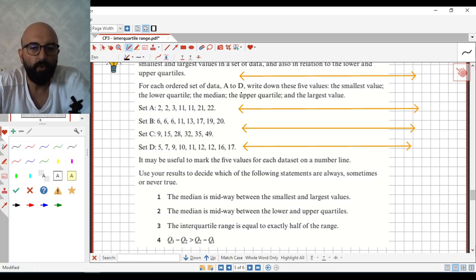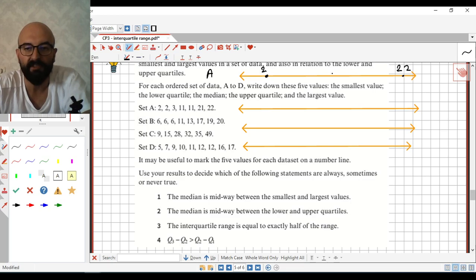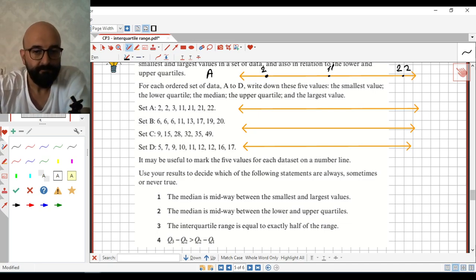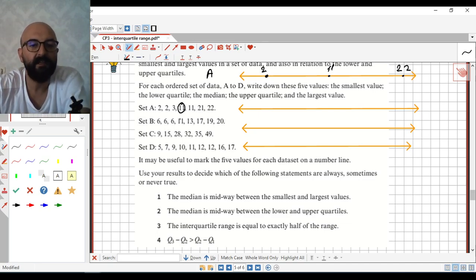Firstly, for set A, the smallest value is 2 and the largest value is 22, and the median is 11, and the lower quartile is 2, the upper quartile is 21.